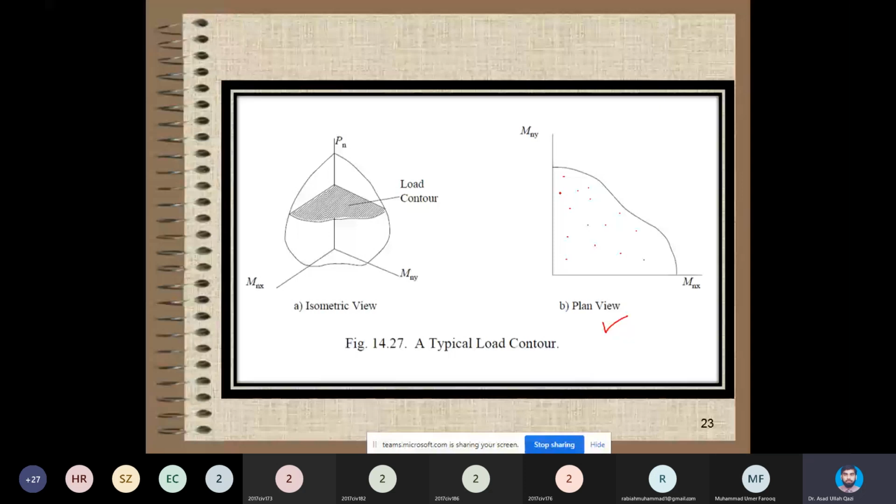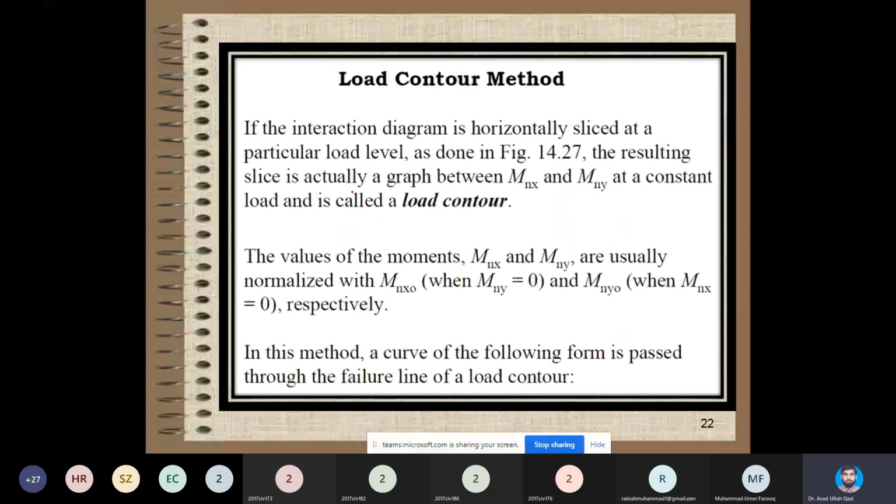So any point outside is unsafe, and any point inside or on this curve is actually the capacity or a safe point. So it is stated here that the resulting slice is actually a graph between Mnx and Mny. As I said, you can convert this nominal into ultimate by multiplying with phi, at a constant load, called the load contour.